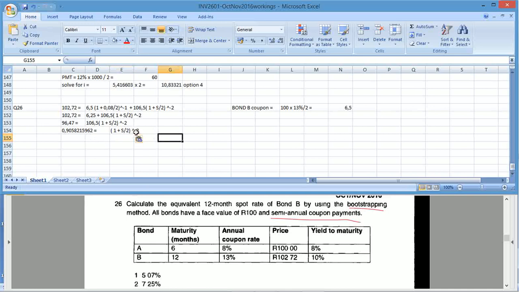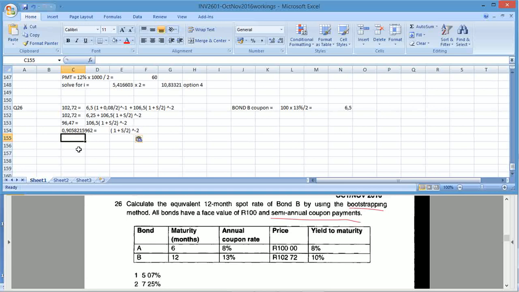Now I'm going to have to get rid of the -2. To get rid of a -2, I have to raise this to the power -1/2. It's just doing the arithmetic now.